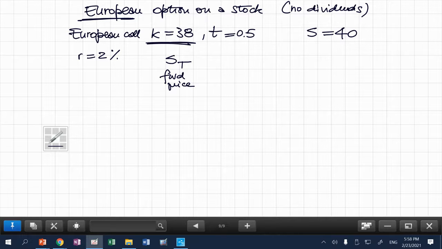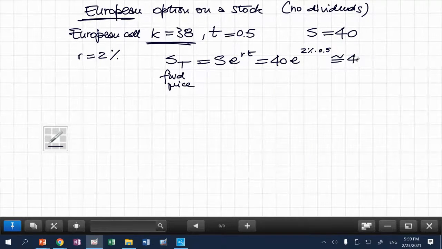If we do not have dividends, the forward price is simply S times e to the power RT, okay? The usual simple cash and carry story. I purchase S, pay the interest, so at maturity I have to repay S times e to the power RT, which is 40 times e to the power 2% times 0.5, which is approximately equal to 40.40, okay?